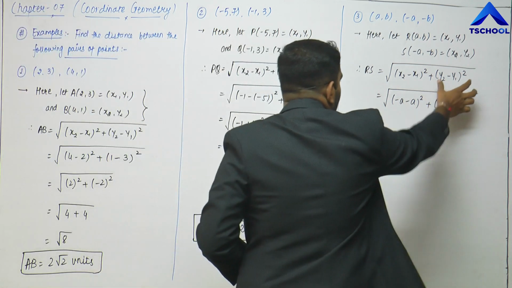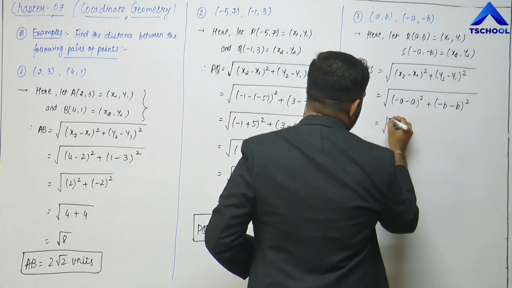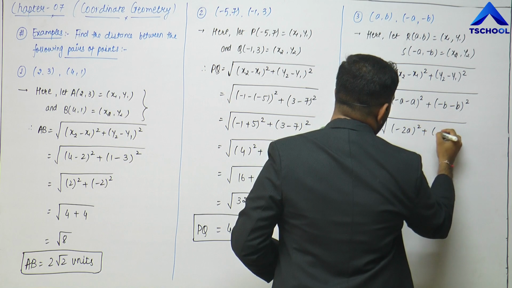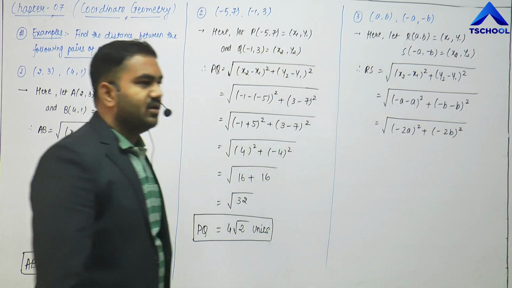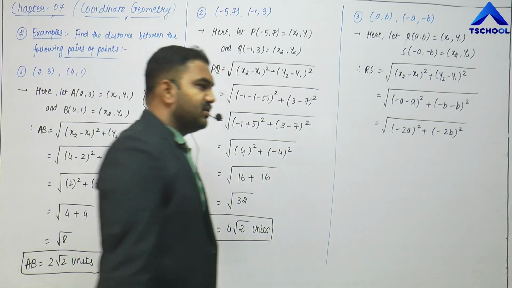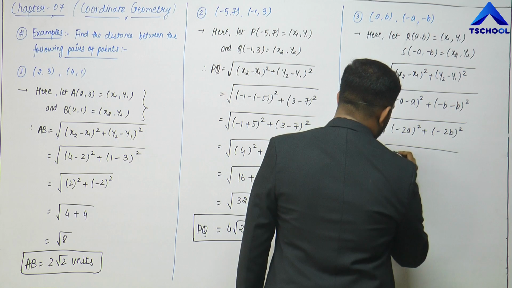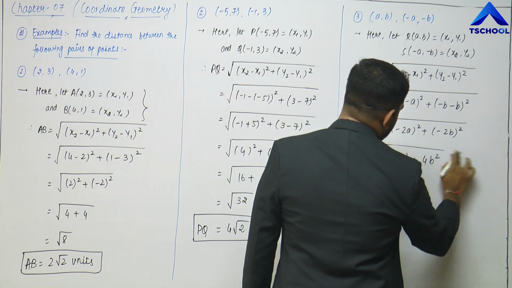And similarly for y2 minus y1, that is minus 2b. So that gives me square root of minus 2a whole square plus minus 2b whole square, right? I need to simply make the squares here, so that is equal to square root of 4a square plus 4b square.